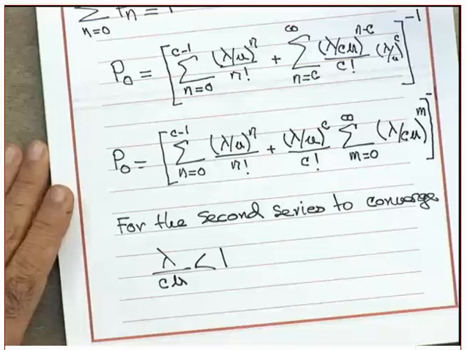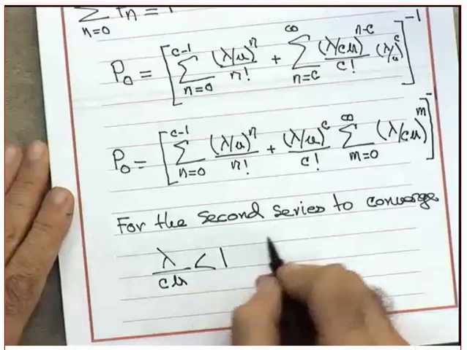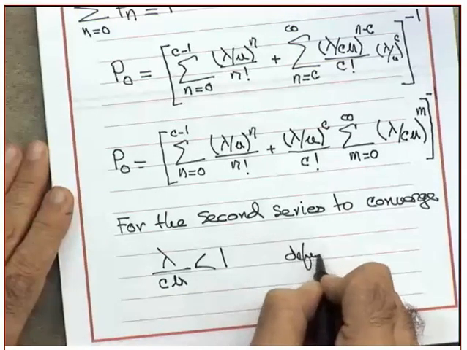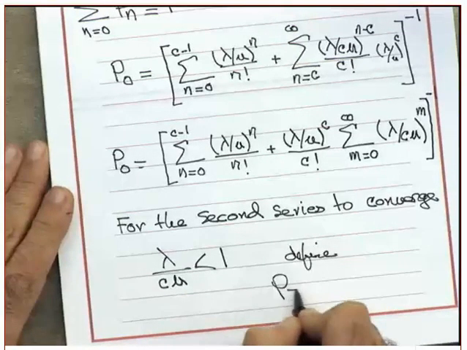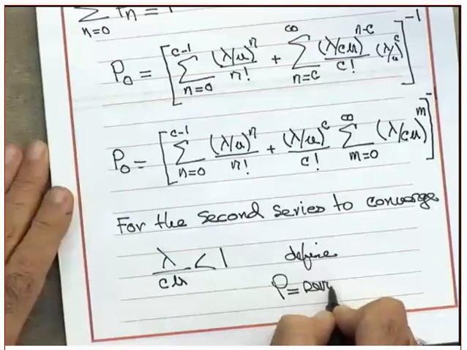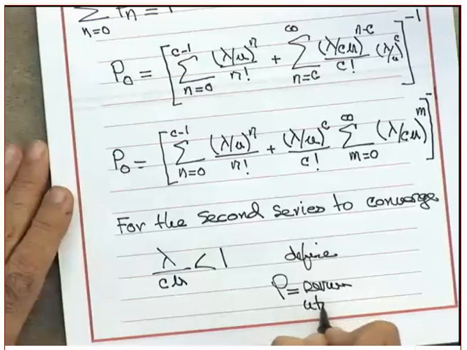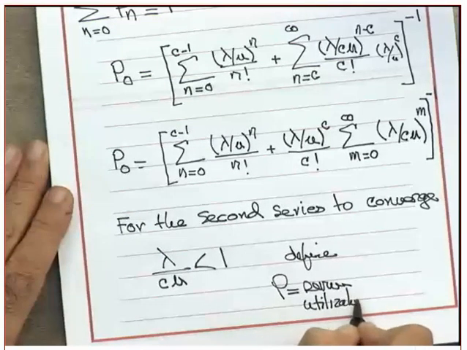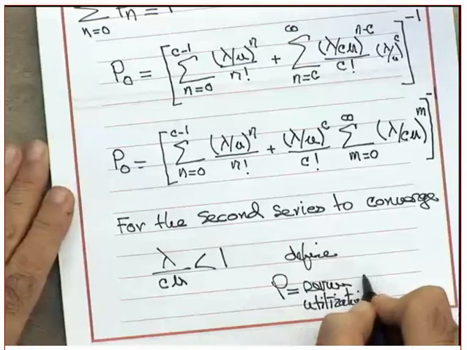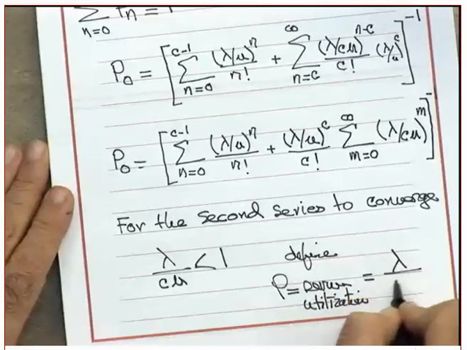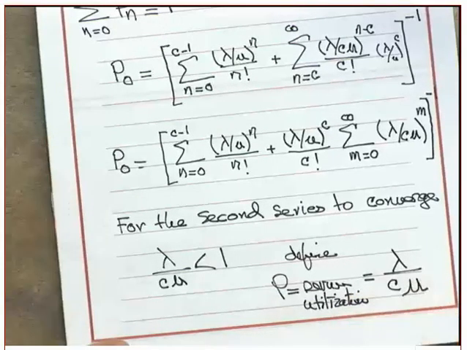Now we define rho, which is the server utilization. The server utilization equals lambda over C mu. Clear? Lambda over C mu.